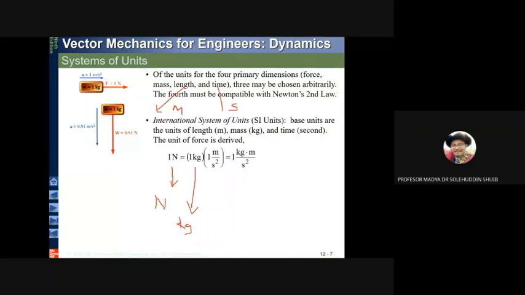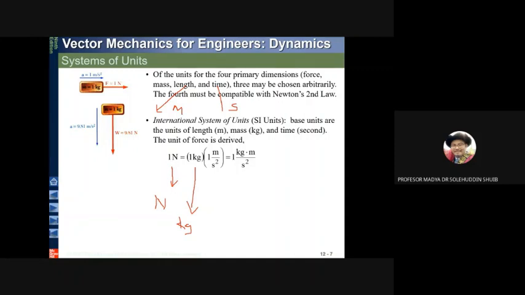So for this one, the base unit for SI is 1 Newton. Force equals mass times acceleration.